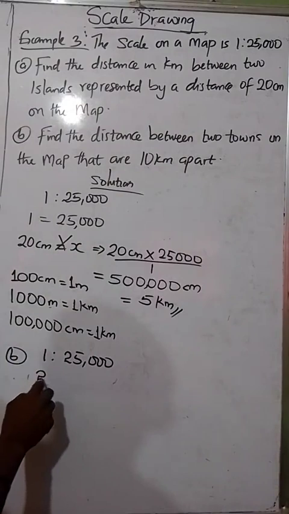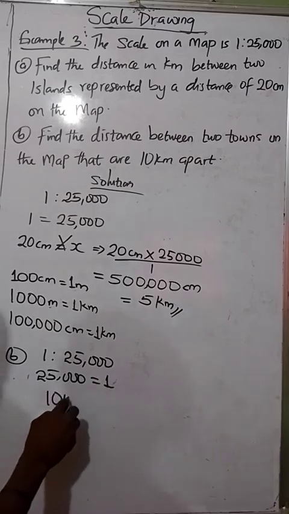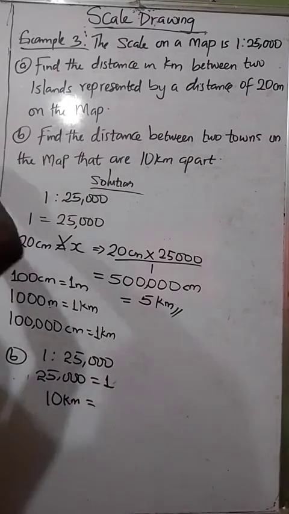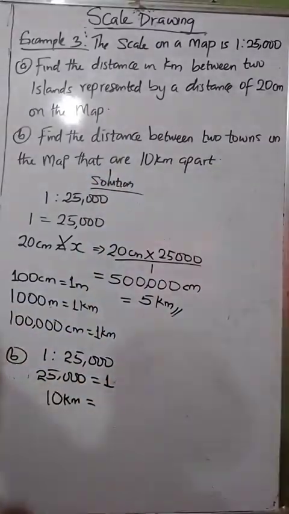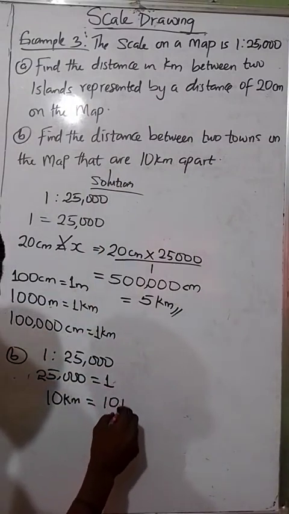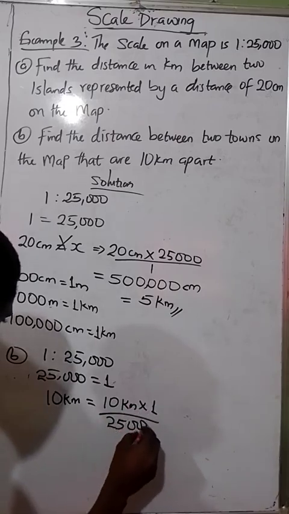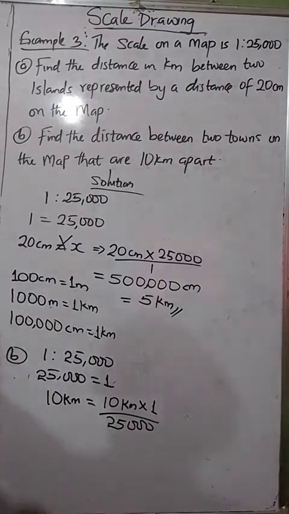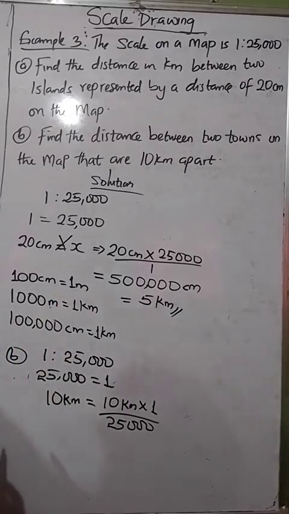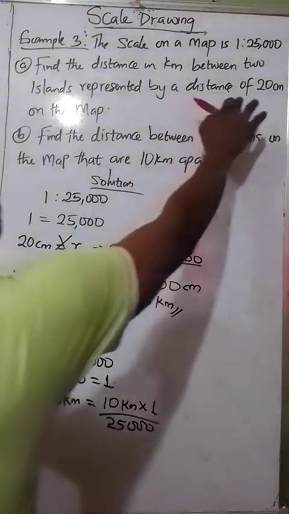So 25,000 equals 1. So 10 kilometers. We are looking for the drawing, the scale distance, that's what we are looking for. So that will be 10 kilometers times 1 over 25,000. Remember, we are using centimeters, right?